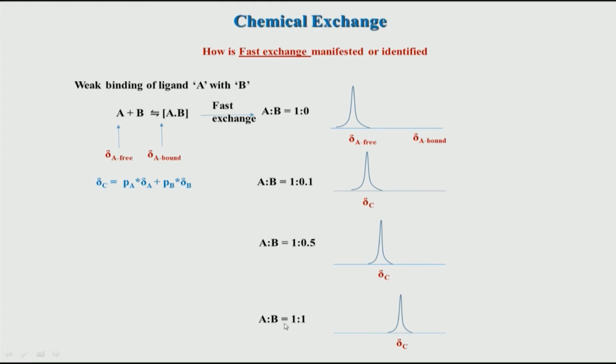Only when I go to, let us say, B is 5 to 10 times A, then in that scenario the population of the complex will be very high compared to the free form, and the peaks will be completely shifted to the B form, because population of A will be very less, not 0, it will be less compared to the B. The B will dominate because I have too much of B added, and therefore, the complex is now very high population compared to the free form. So, in that scenario this peak will be completely towards the B form.